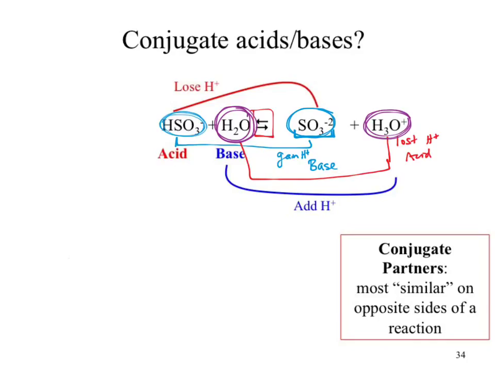So how can I make sure, if I want SO3 minus 2 to be my answer, if that's what I'm going to fish for as my answer, how can I change the question so that you know that is what you're supposed to be answering?